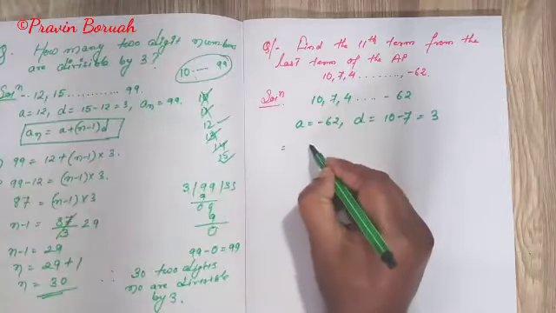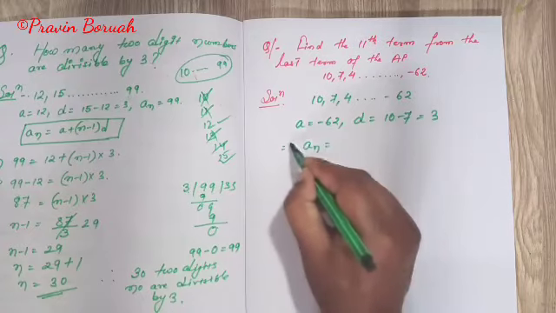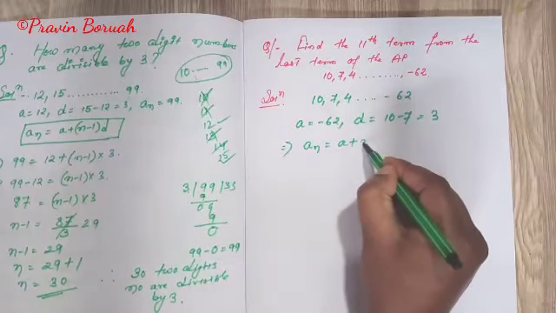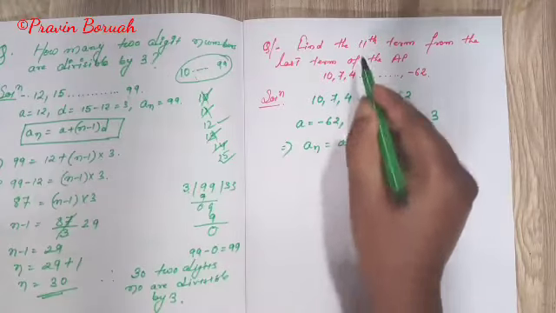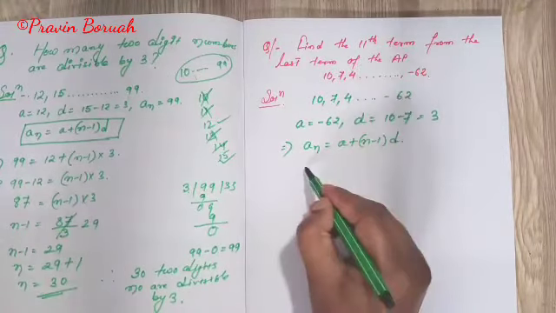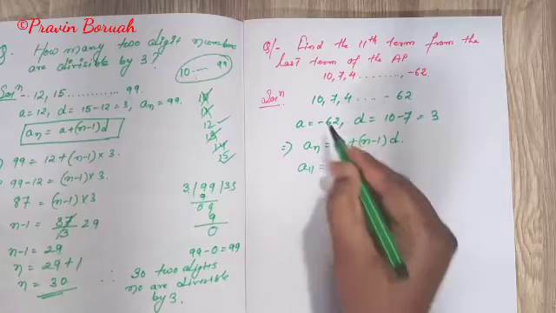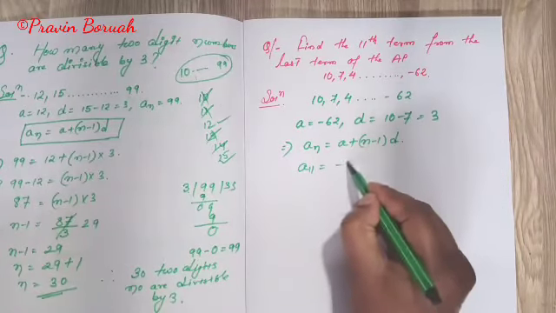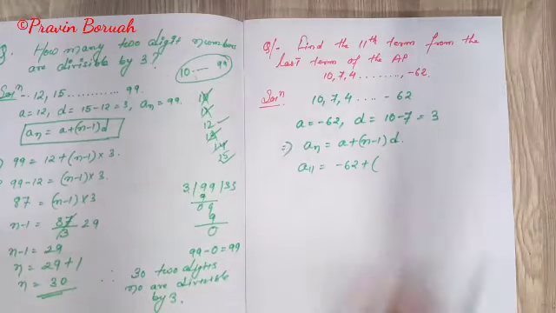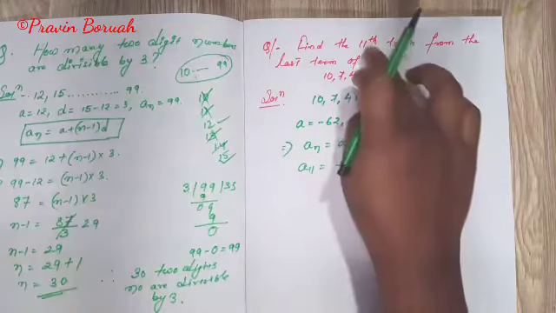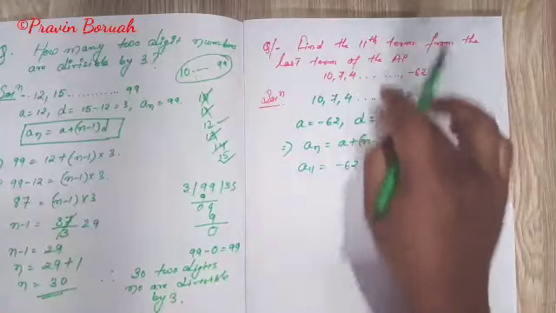So our formula is an is equal to a plus n minus 1 d, correct? So which term do we have to find? We have to find the 11th term. So a11 is equal to a. What is a here? It is minus 62, plus n minus 1 d. So n, what we have to find, is 11.